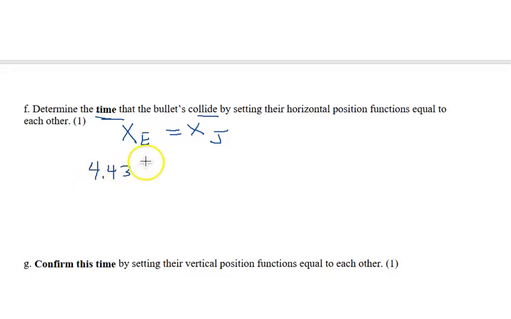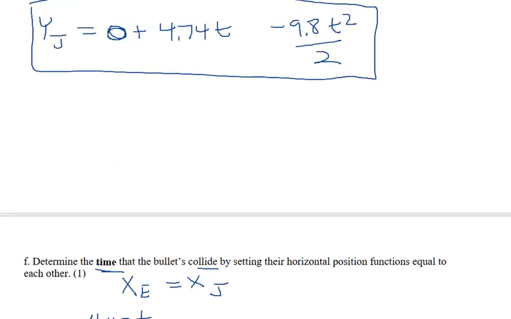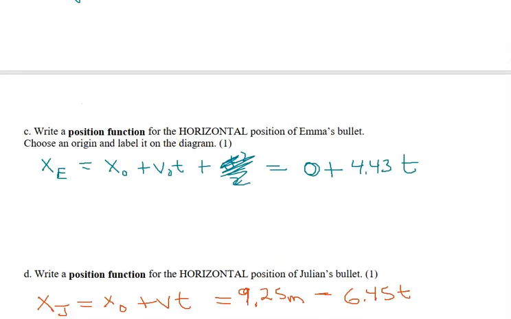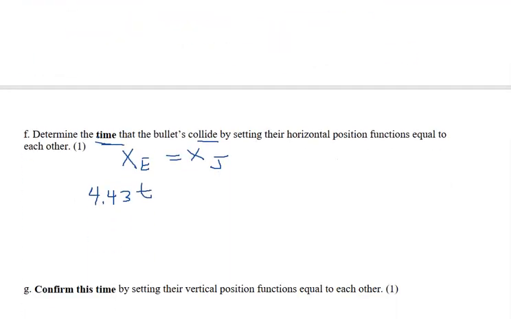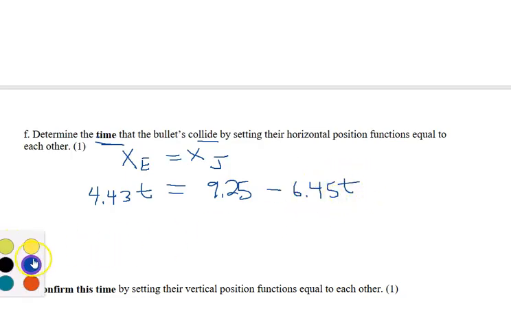X of Emma is 4.43 t. Let's just check that again on my handwritten key. Yeah, so x of Emma is 4.43 t equals Julian started out to the right of the origin, headed backwards at 6.45 t. So let's add 6.45 t to both sides.